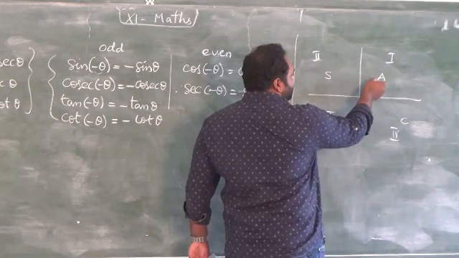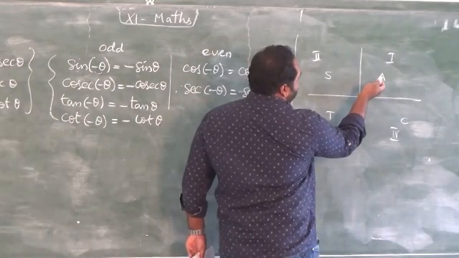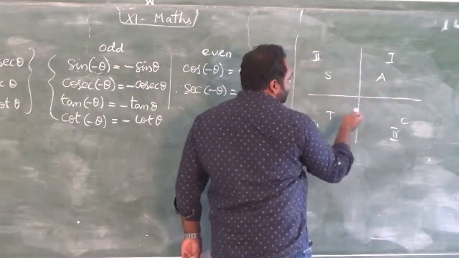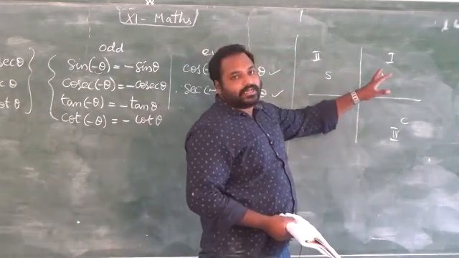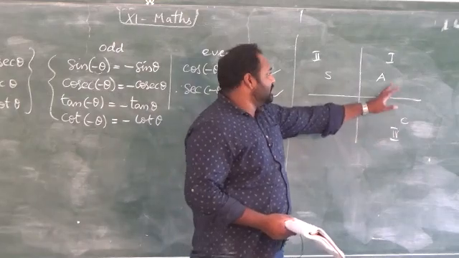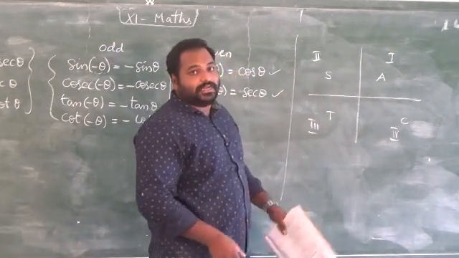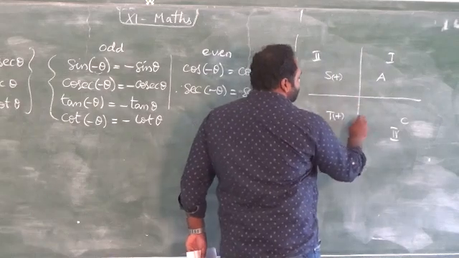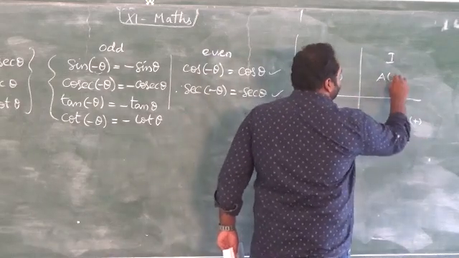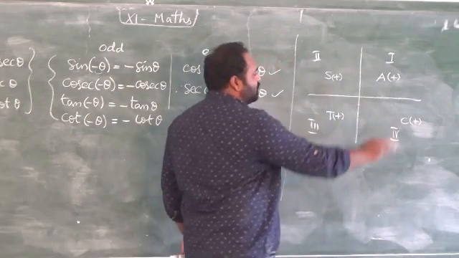This can be remembered as 'All Silver Tea Cups'. If you use this sentence, you can very easily remember the positive values in different quadrants. Where a function is positive, the others are negative. In the first quadrant all are positive. This we know very well.